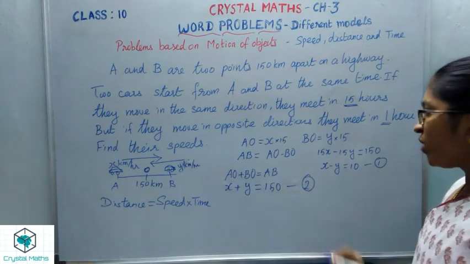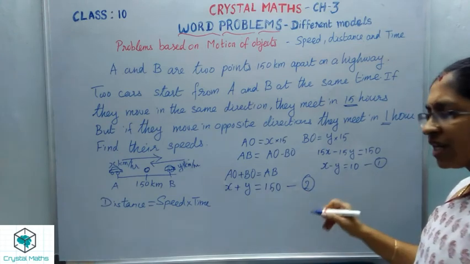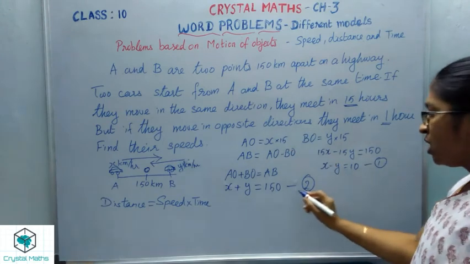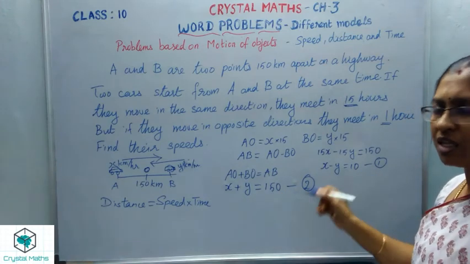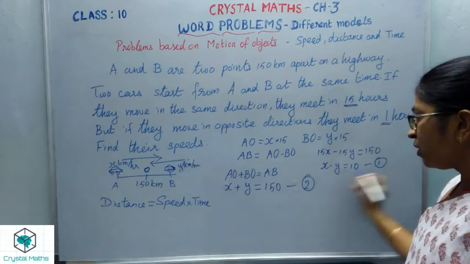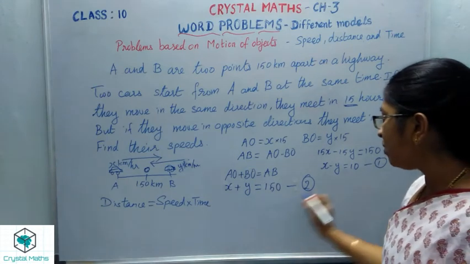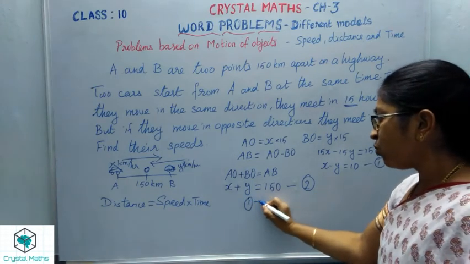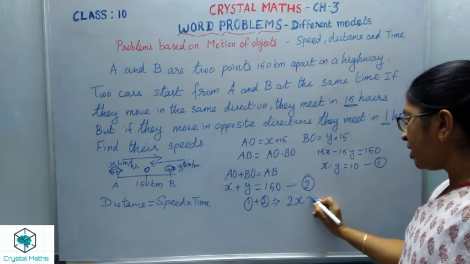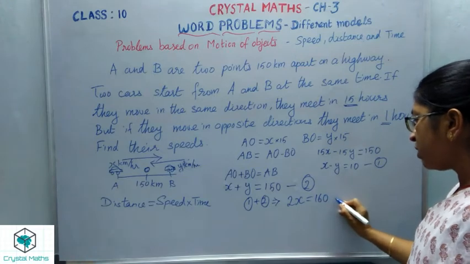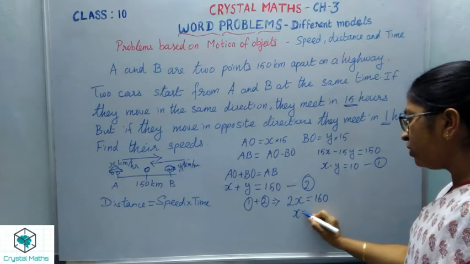If we solve 1 and 2, we can get the answer for the question. By seeing the question itself, we can identify that we can use the elimination method, which will make our work much faster. If we add 1 and 2, we can eliminate y. 1 plus 2 gives 2x equals 160, that means x is equal to 80.